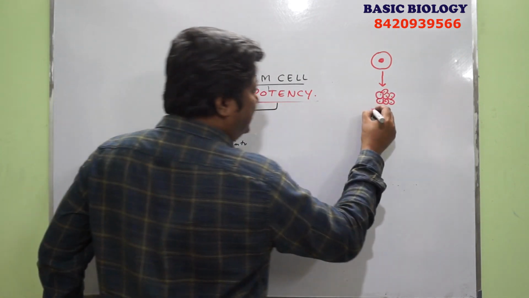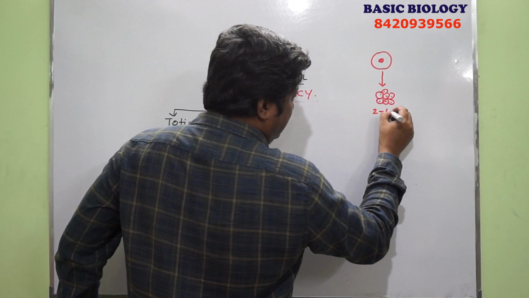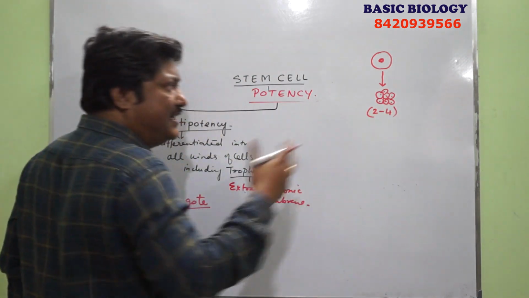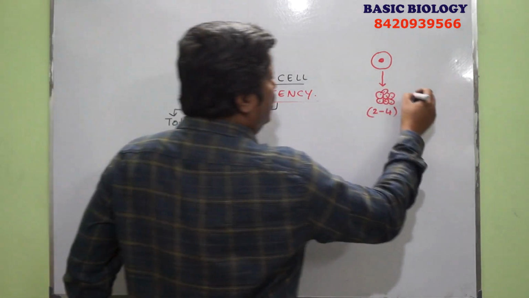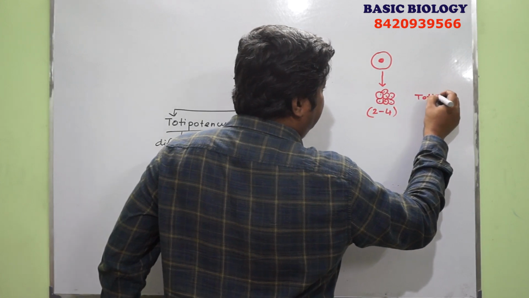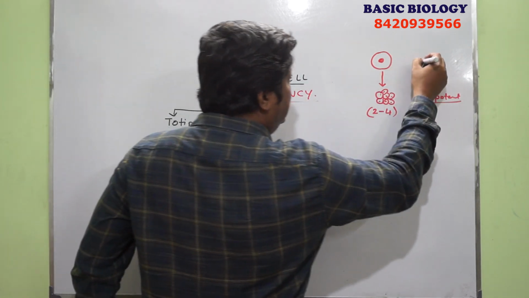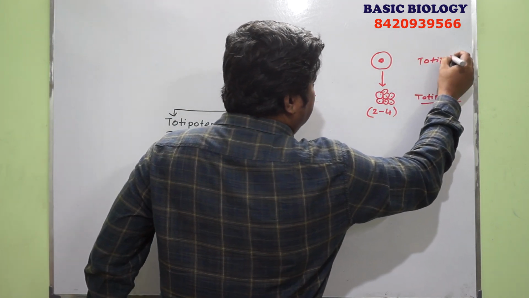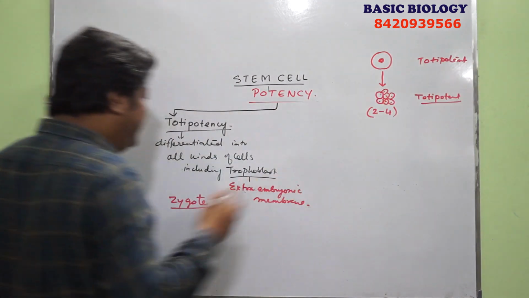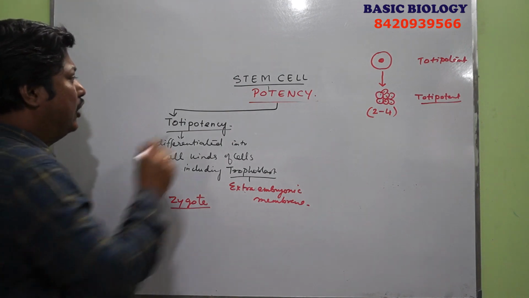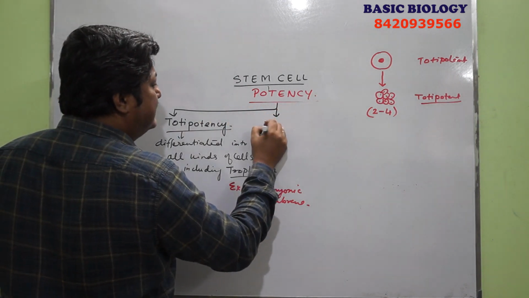So the 2 to 4 stage blastomeres are also called totipotent. But after that, this totipotency is converted to a pluripotent cell.